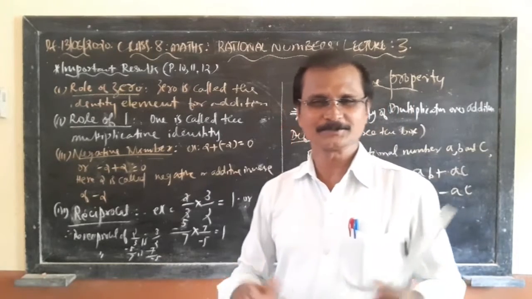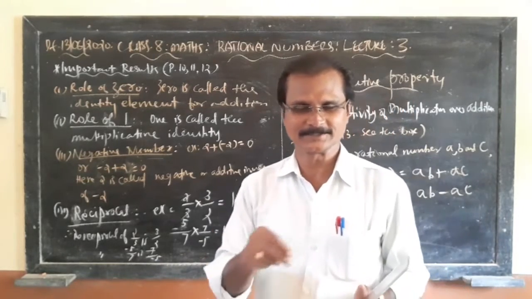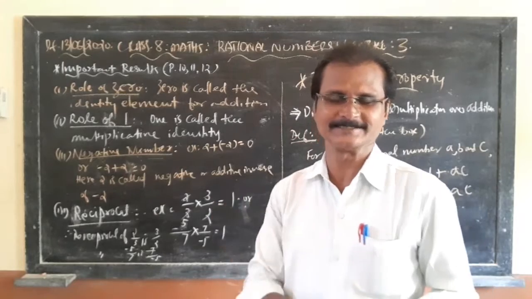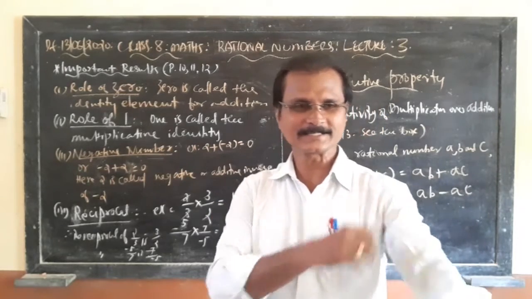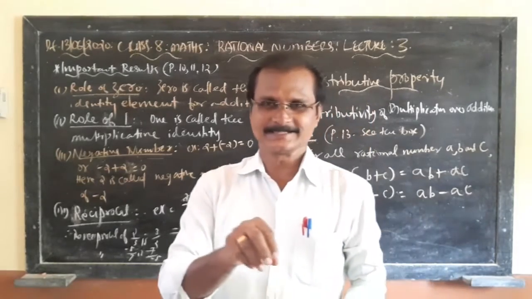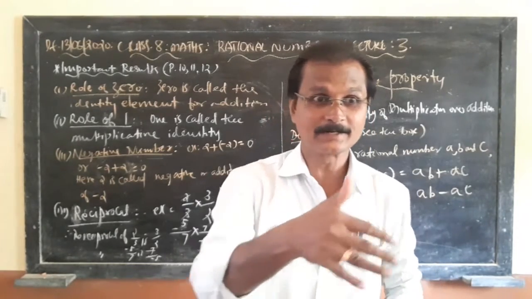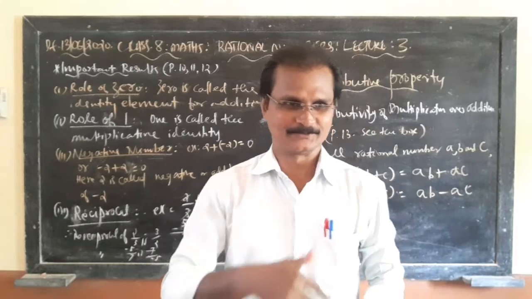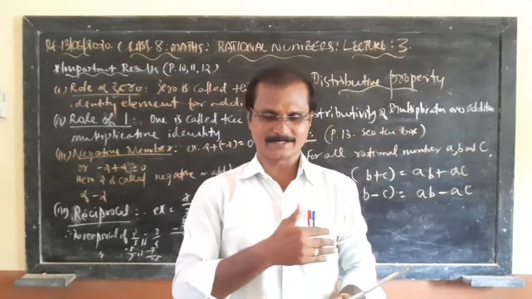Those who have a 4-wheeler vehicle, there is a neutral gear. What is the neutral gear? When you keep the vehicle in the neutral gear, the vehicle will not move forward or backward.